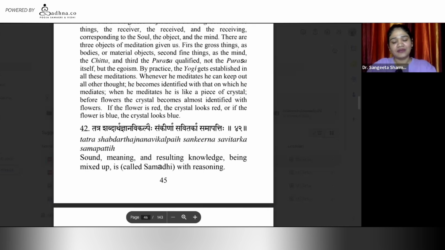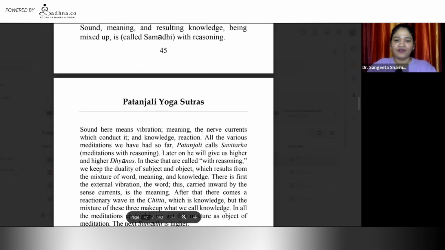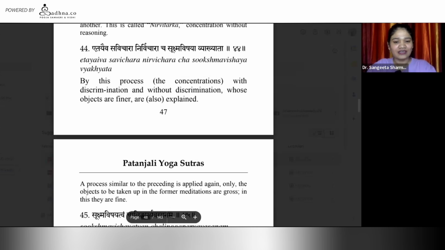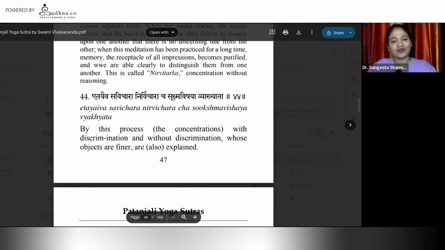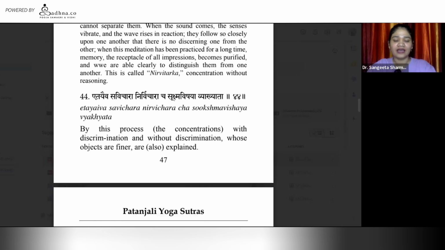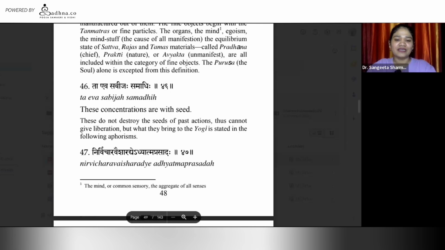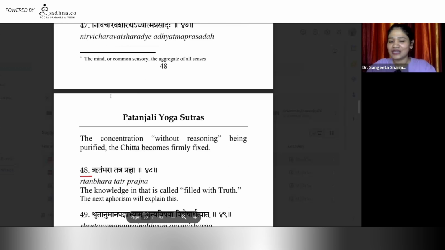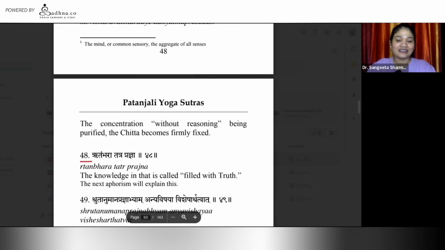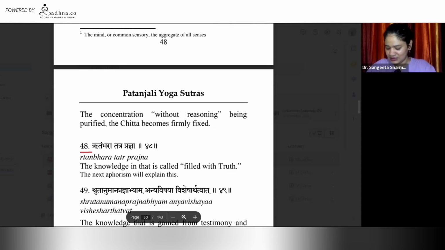And then he's talking about Sampragyat Samadhi in 42, 43, 44. In 44 he's talking about how Savitarka, Savichara and Nirvichara Samadhi work, and then he talks about Sabija Samadhi. He's still talking about Sampragyat Samadhi till 49. The 48th Sutra actually gives you the outcome, the perk of being on the path called Sampragyata Samadhi.